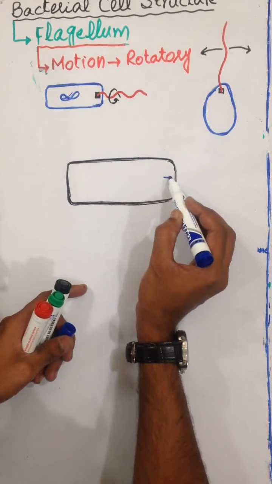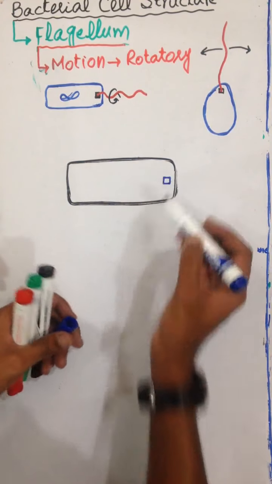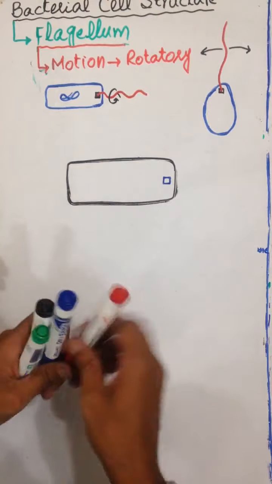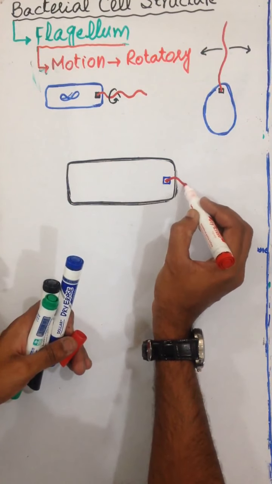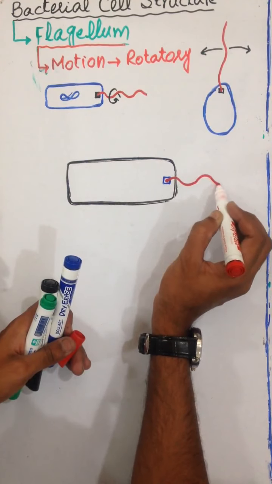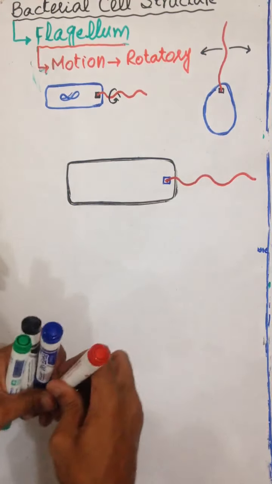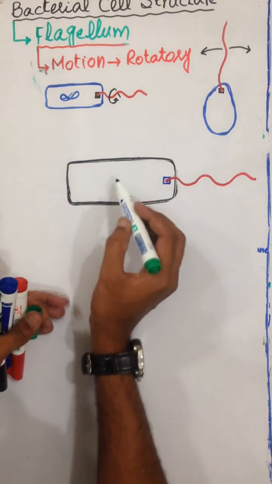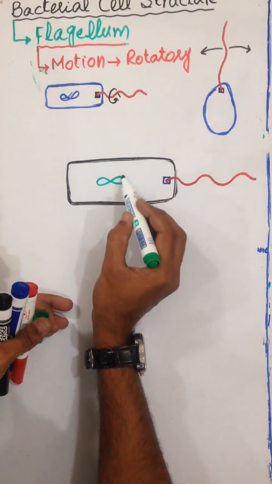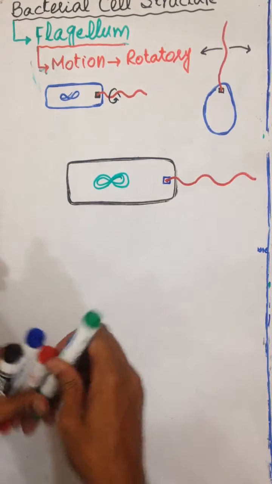And these are basal bodies, and here is your helical flagellum. Listen carefully. This is the genetic material of a bacterium.